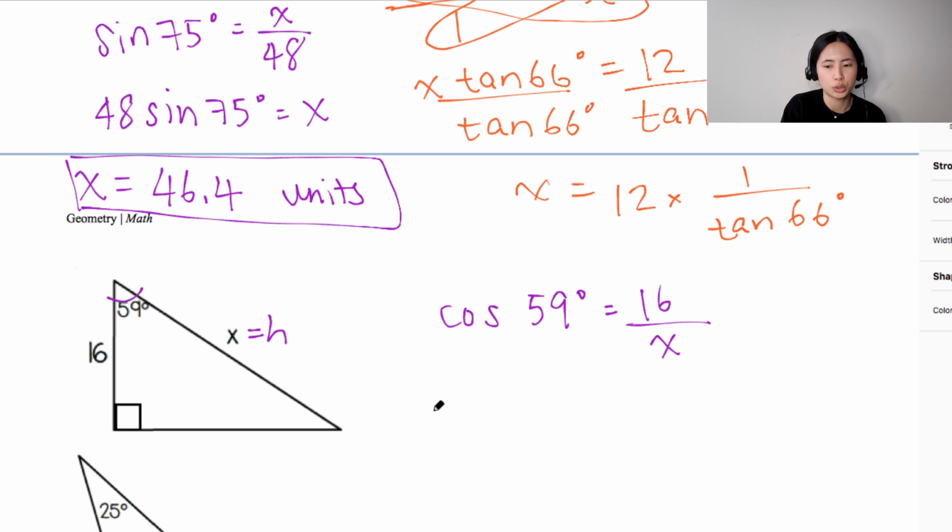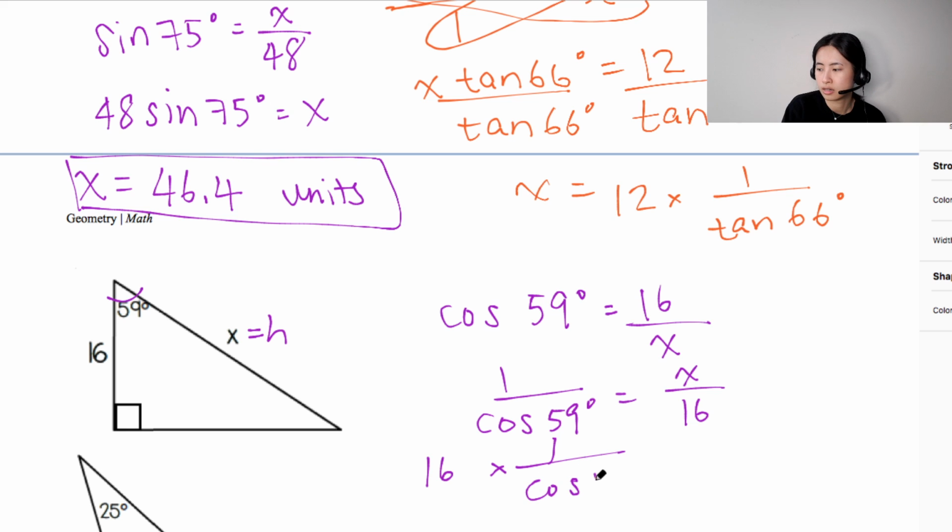Remember what I said, there's two ways to do this. Either you cross multiply or you just take the reciprocal of each other. So what I'm going to do, I'll have 1 over cosine 59 degrees, and this is equal to x over 16. I'm multiplying 16 times 1 over cosine 59 degrees, and that's equal to x.